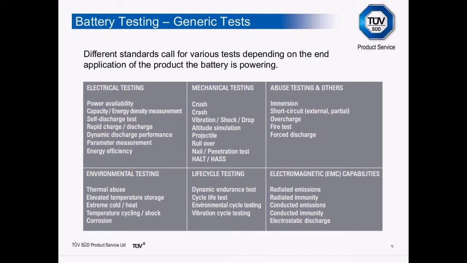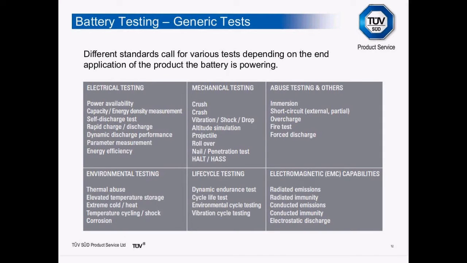Other tests that are performed are, for example, EMC tests. These tend to be tested for more complex circuits. For a basic mobile phone battery, for example, you may only do an ESD, electrostatic discharge test.